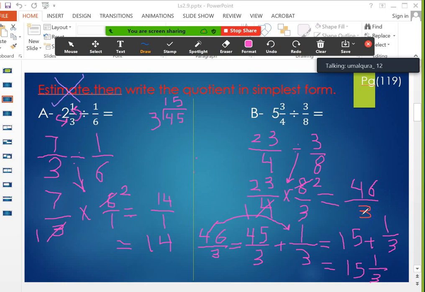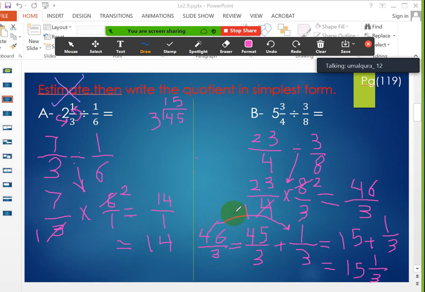46 over 3. If I want to write it in the simplest form, I have to break the numerator into the greatest number. I will take from the numerator the greatest number able to divide on the denominator. So the denominator is 3. What is the greatest number from 46 able to divide on 3? 45.